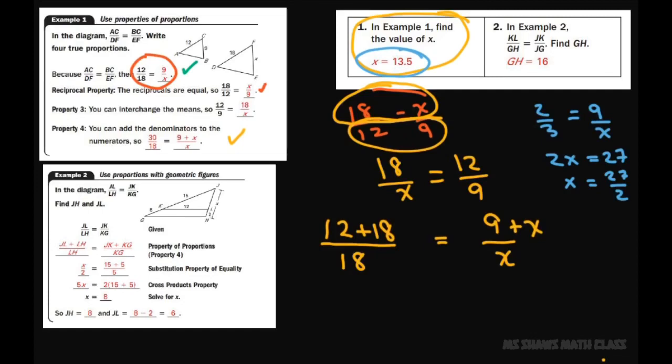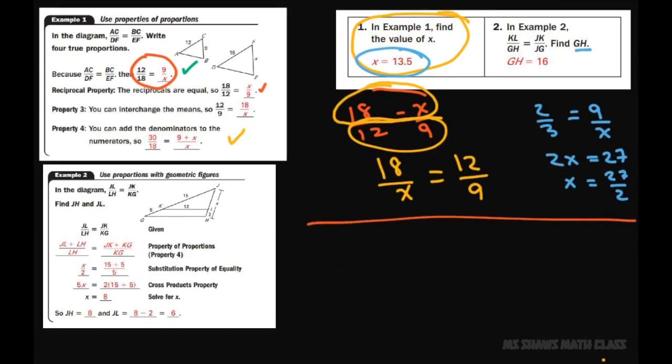And then it says in example 2, find GH. So let's do that. KL, let's erase some of this. All right. So we have KL over GH equals JK divided by GJ. So what we're looking for is this one. So let's fill this in.